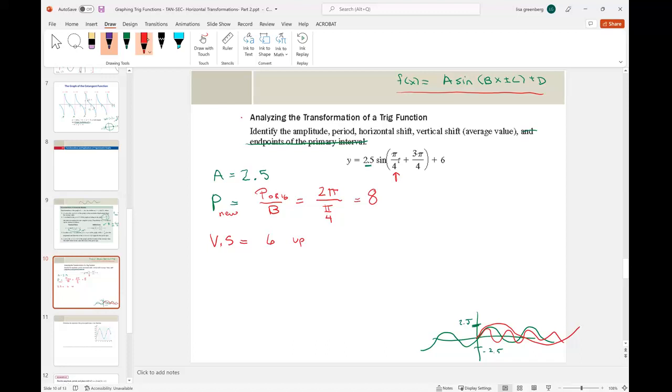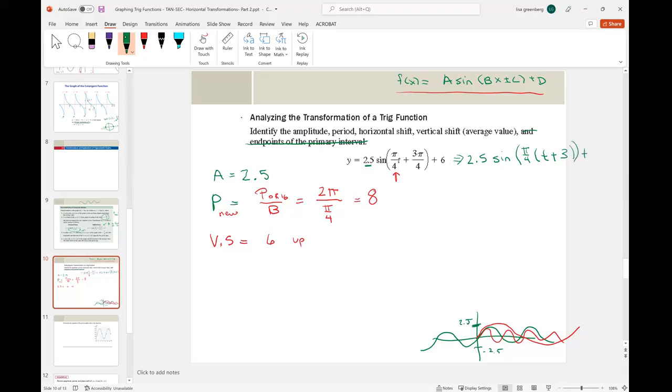So that's why we have that shifted form. What we're going to do is factor out that pi over 4. We're going to put this in shifted form and say this is equal to 2.5 times the sine of pi over 4 times parentheses t plus, and then what would I get for my next value? 3, exactly.